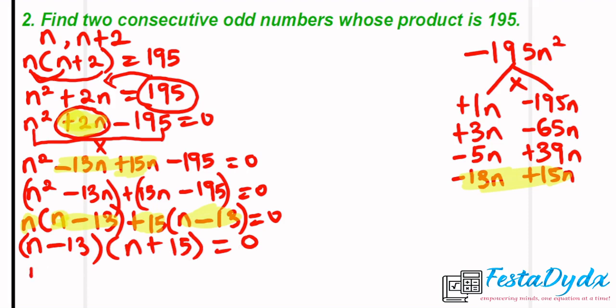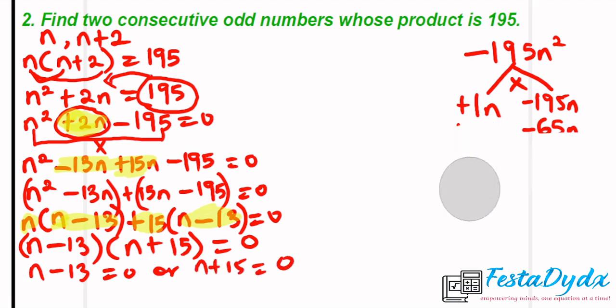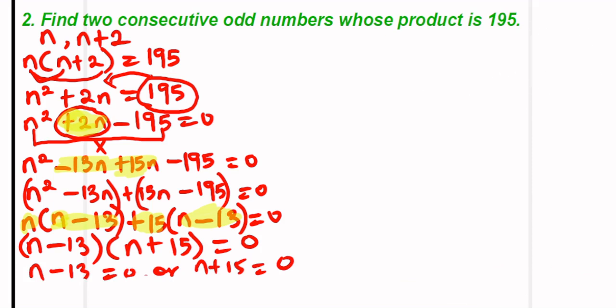So I'm going to split this. n minus 13 is equal to 0, or n plus 15 is equal to 0. Let's erase this. We no longer need this. So now that we arrive at this point, we have to simplify further to get the value of n.